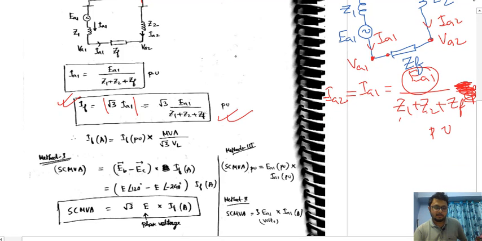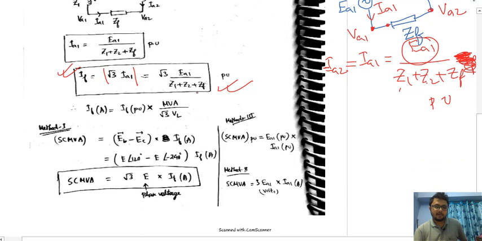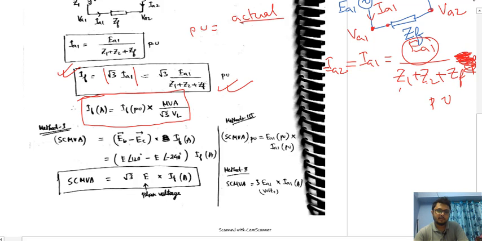So try to compare double LG with LG. Now in terms of actual units, actual equals per unit into MVA by root 3 VL. Okay, this is the formula. Same for LG also. PU equals actual by base, base kV square by MVA into actual.